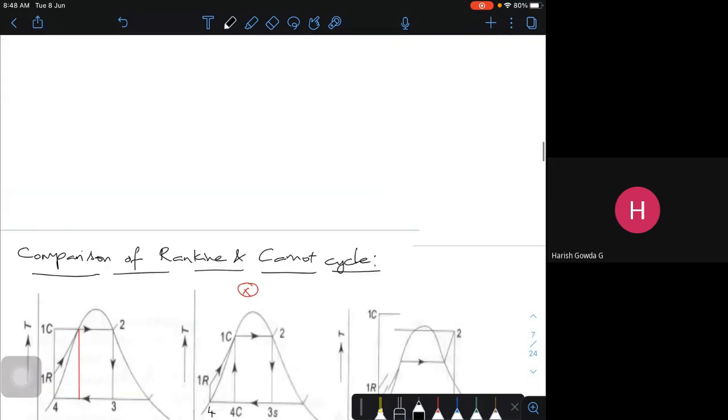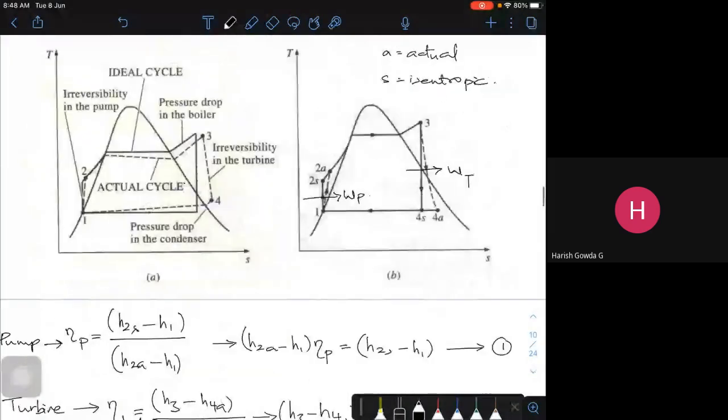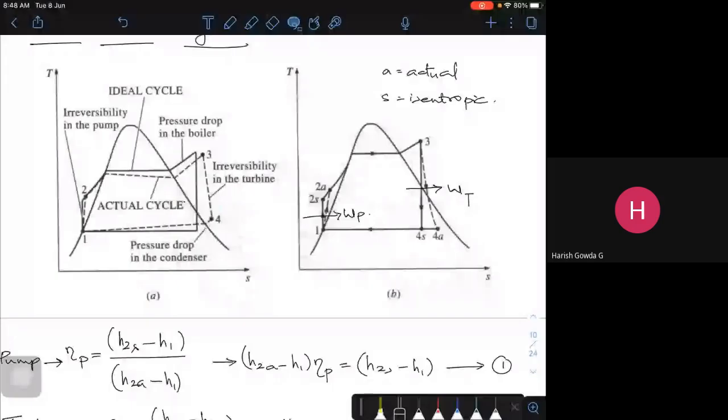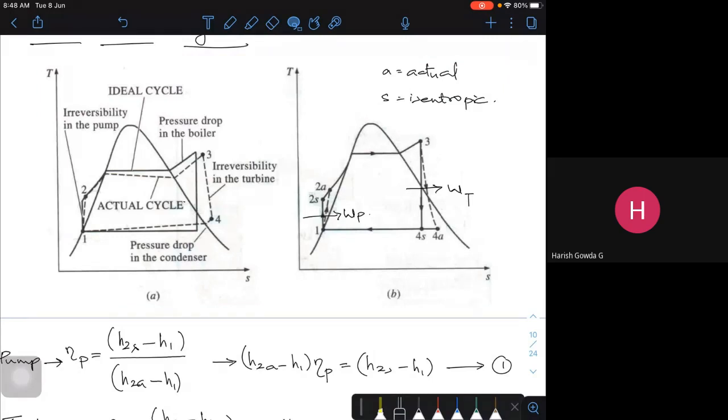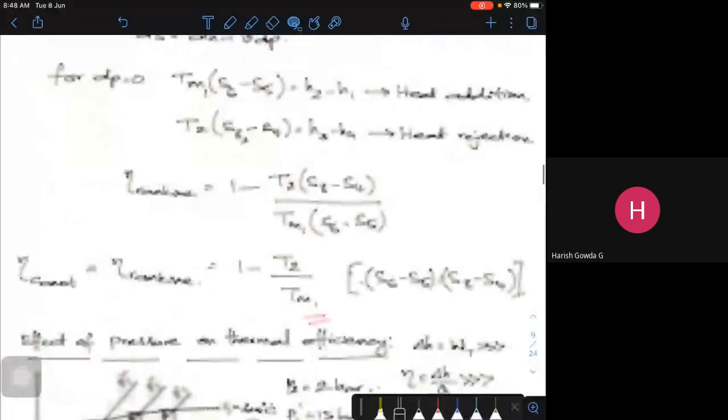Let me take that sketch. Now look at this actual Rankine cycle, what it actually is.